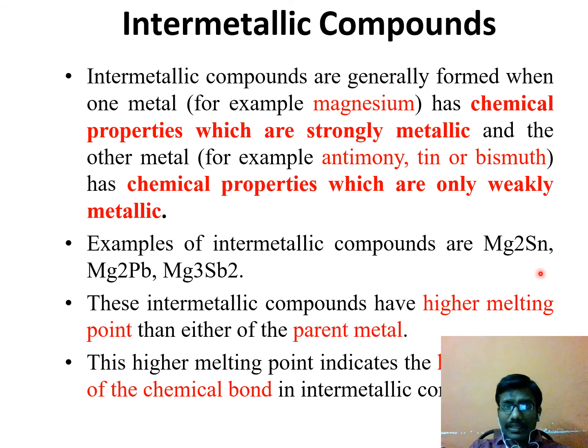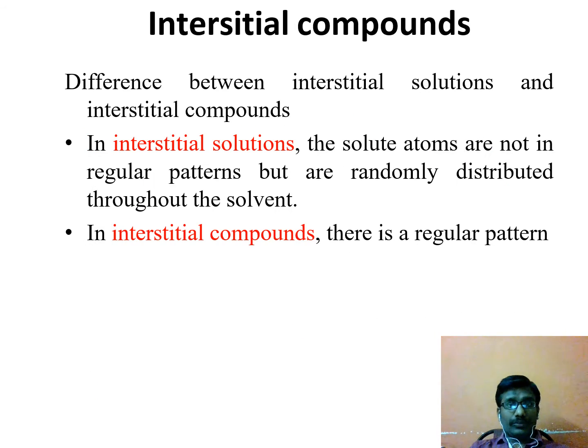Antimony, which is a strongly metallic element, forms a combination with magnesium, and we can form intermetallic compounds like magnesium tin, magnesium lead, like this. Generally the melting point is also very high compared to the parent metal. So this is about intermetallic compounds.